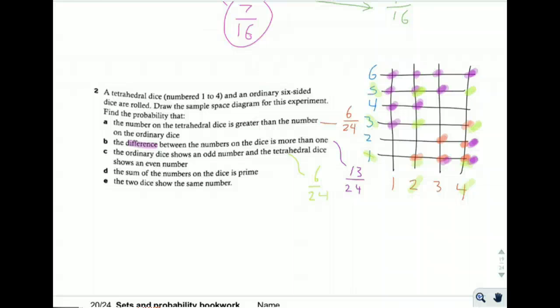So 7. Which of these combinations add up to 7? Well, 6 and 1 does. 5 and 2 does. What else? 4 and 3 does. 3 and 4 does.